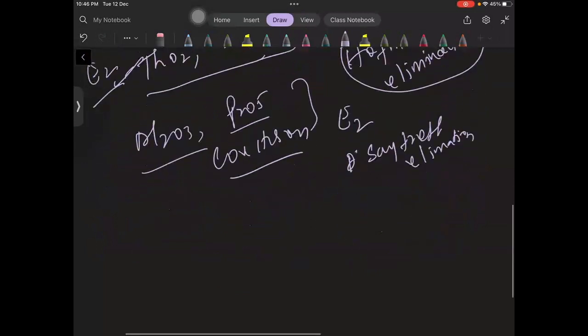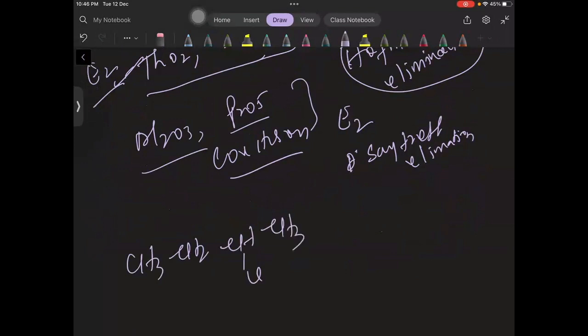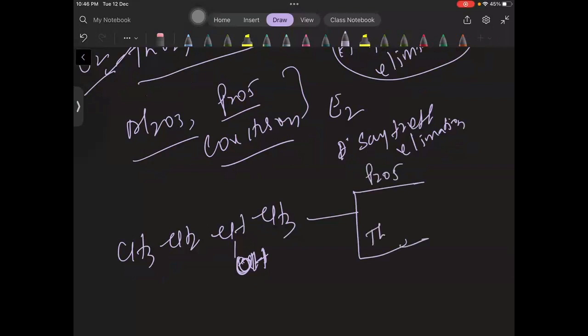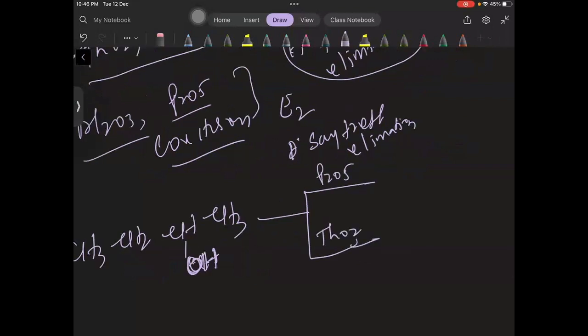For example, you have CH3 CH2 CH(OH) CH3, with P2O5 as the reagent. P2O5 favors Saytzeff elimination: CH3 CH=CH CH3.